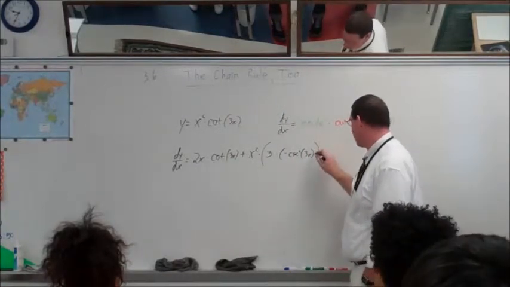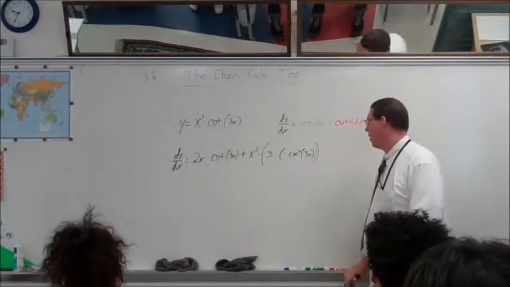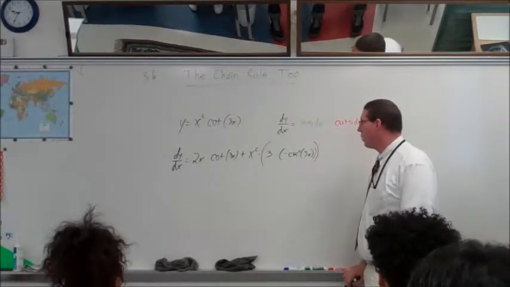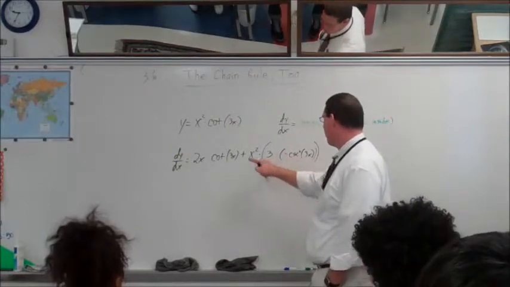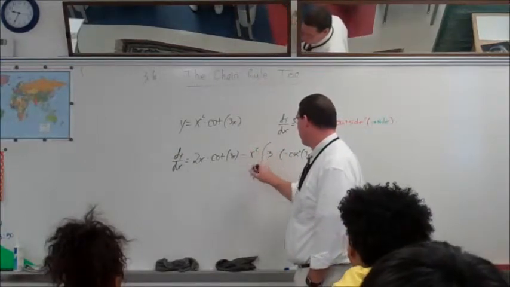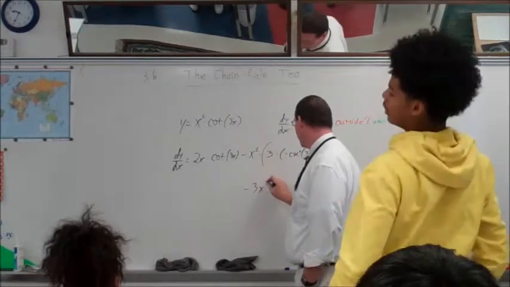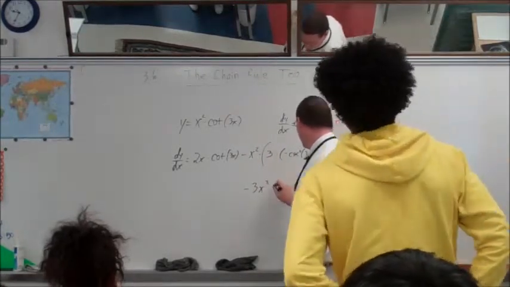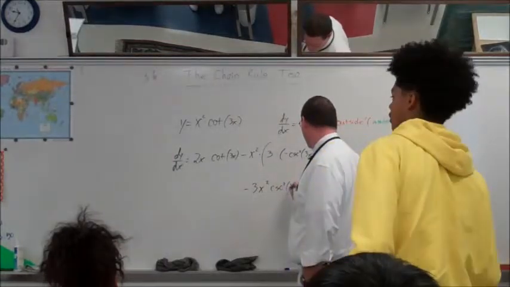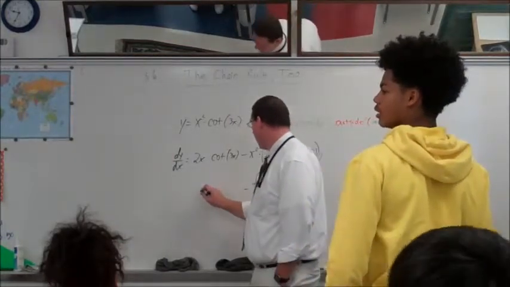Oh wait, missed a parenthesis. There we go. Is that the answer? Yeah, and this is one way to write it. There are other ways to write it. You could distribute the negative out here, put it there. You could combine the 3 and the x squared, so then you'd have minus 3x squared cosecant squared of 3x.